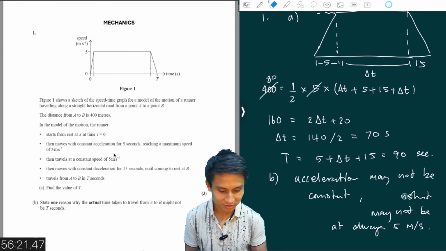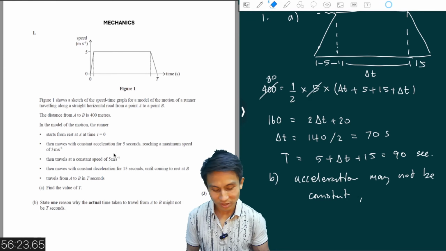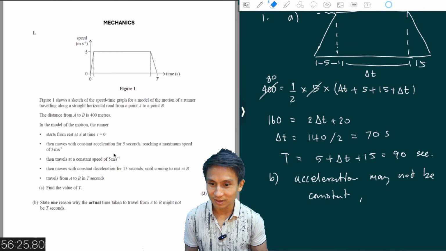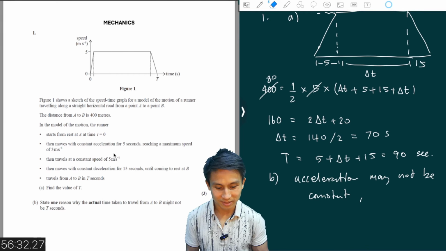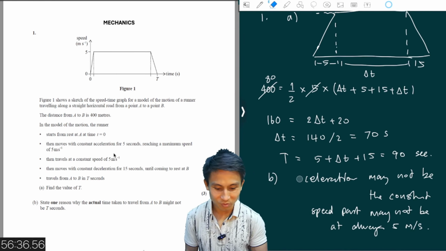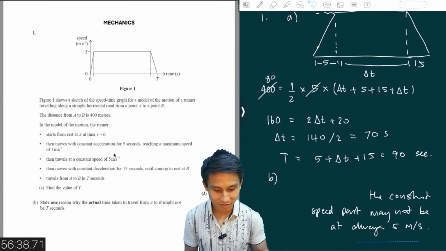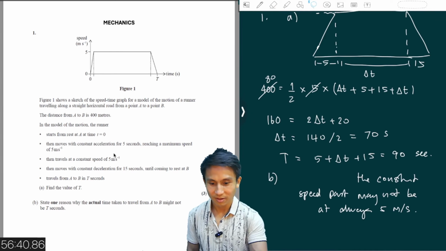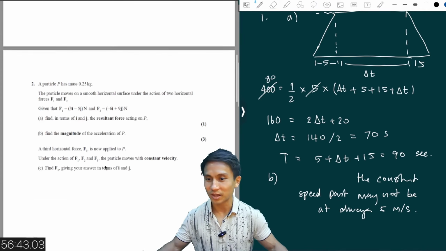The best one is maybe acceleration may not be constant. Let's just do that. Actually, I'm going to go with the other one because it's more dominant here. It's the major part, the constant speed. Yeah, okay, I'm going to go with that. Number 2.